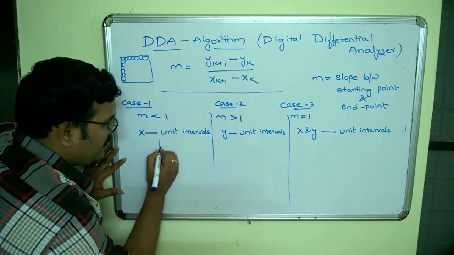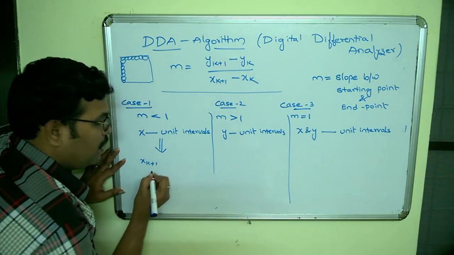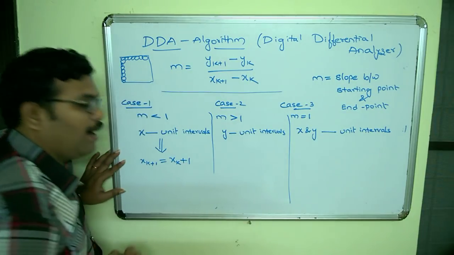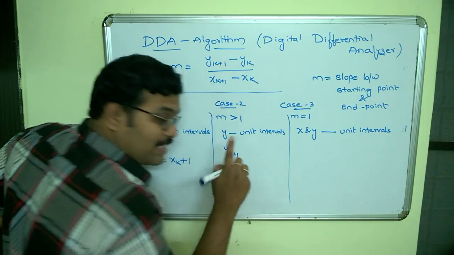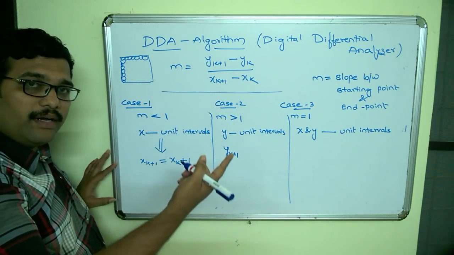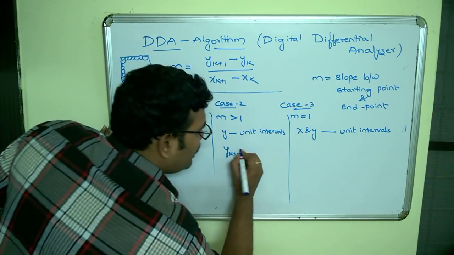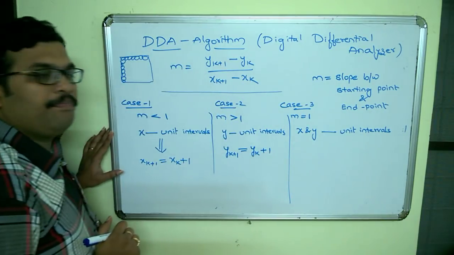So here, xk plus 1 is equal to xk plus 1. In the next case, y changes in unit intervals, so yk plus 1 is equal to yk plus 1.